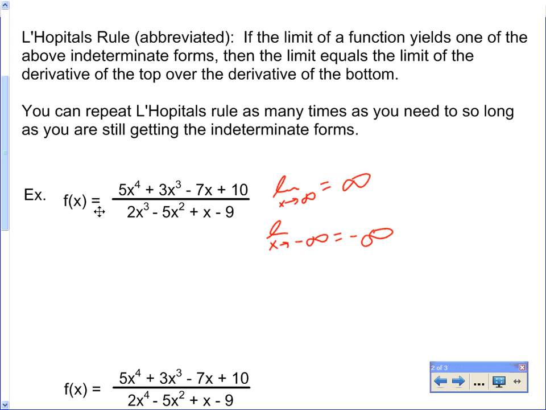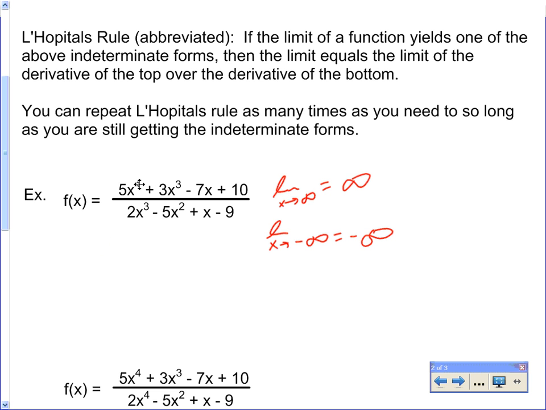Okay, now let's look at how we actually take the limits of these. So if I actually take the limit of this whole thing, when I put infinity in, I'm going to get infinity over infinity, which would be an indeterminate form. So then I'm going to want to take the derivative.